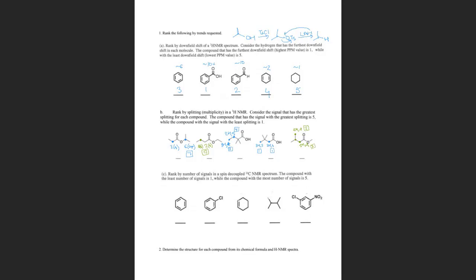And then this one in the middle. Okay, so this is kind of where that x of x thing comes in. So on the right-hand side, how many neighboring hydrogens does it have? 2. So that's a triplet. And on the left-hand side, how many does it have?